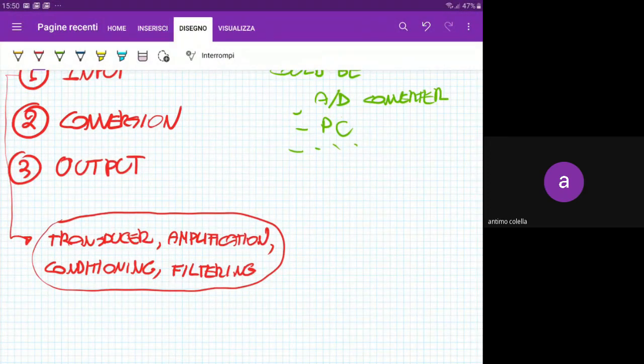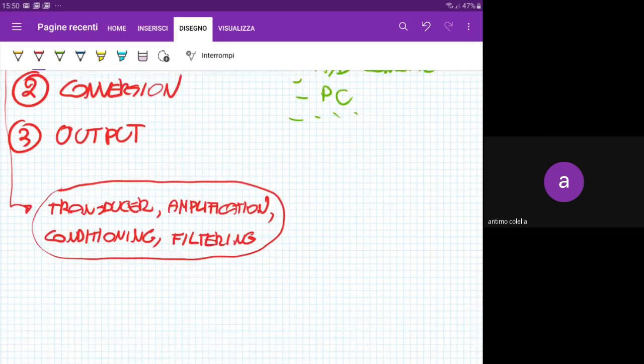That's the reason why we introduce amplification, conditioning, filtering, in order to have at the end of the input stage a good quality electrical signal that is truly representative of the physical variable that your transducer has just transduced.